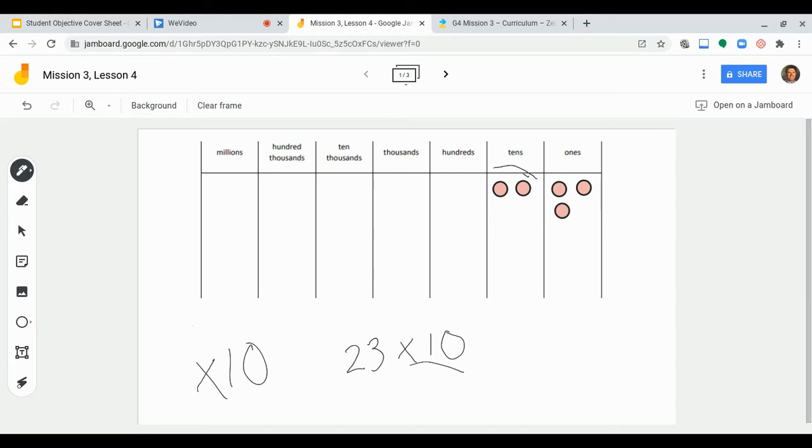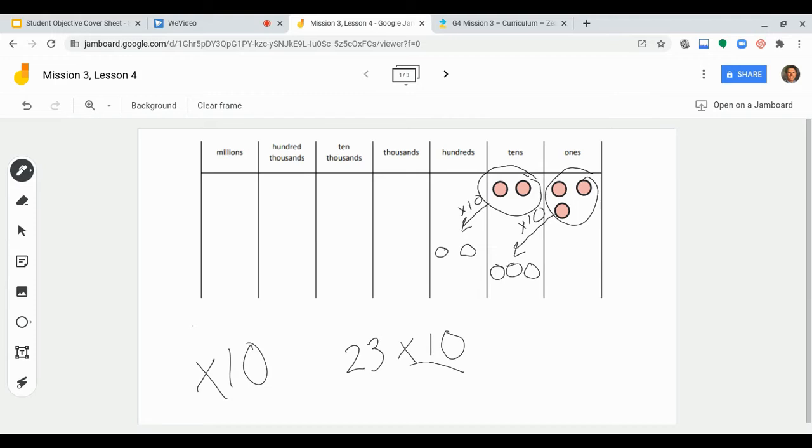So if I have 2 10s, it moves up 1 spot, and those 2 10s become 2 hundreds. And if I had the 3 1s and I multiply it times 10, it moves up 1 place value spot, and those 3 1s become 3 10s.